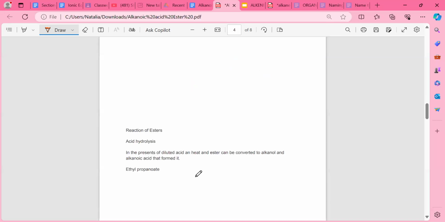So during acid hydrolysis, in the presence of dilute acid and heat, the ester can be converted to ethanol and ethanoic acid, which formed it, right? So here I have an ester, which is ethyl propanoate. Propanoate has 3 carbons.